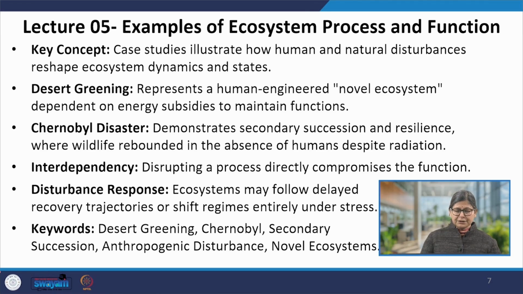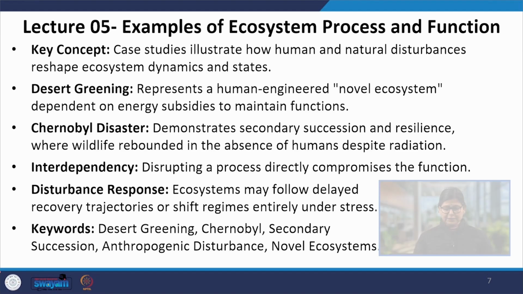We discussed the Chernobyl disaster, demonstrating secondary succession and resilience, where wildlife rebounded in the absence of humans despite radiation. Interdependency: disrupting a process directly compromises the function. Disturbance response: ecosystems may follow delayed recovery trajectories or shift regimes entirely under stress. Keywords were desert greening, Chernobyl, secondary succession, anthropogenic disturbances, and novel ecosystem.